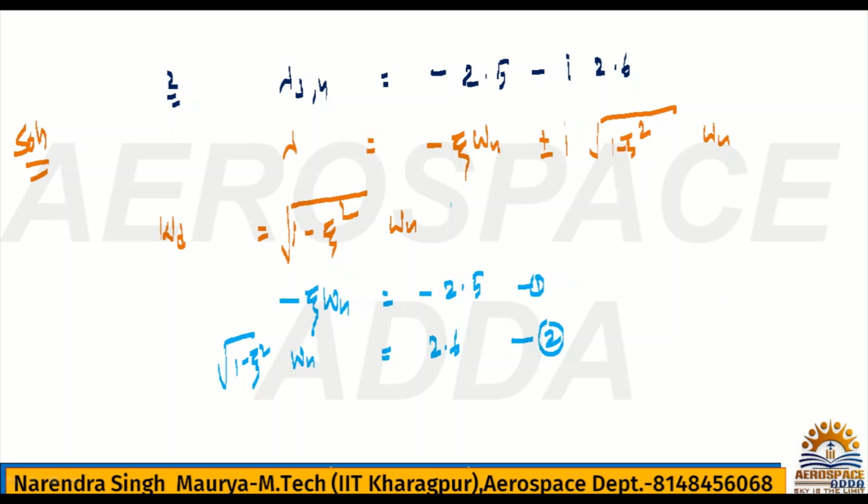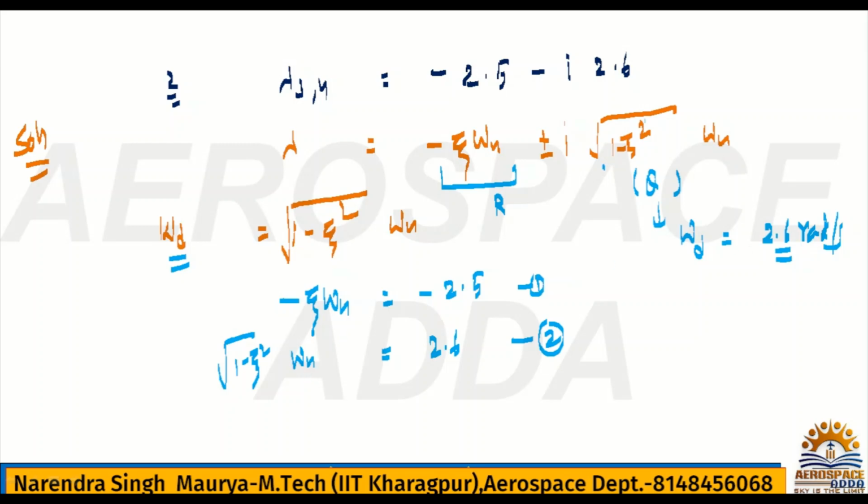But if you know that root of 1 minus xi square times omega n itself is omega d, then directly you can say this part is the real part, r, and this is the imaginary part, q, and this imaginary q is nothing but omega d also. So what is that value? It's 2.6 radian per second, because this whole value, root of 1 minus xi square times omega n, is nothing but omega d. So only omega d they are asking.